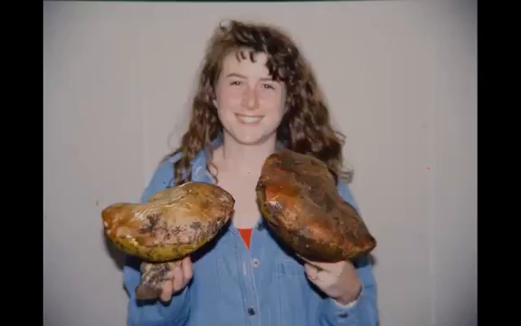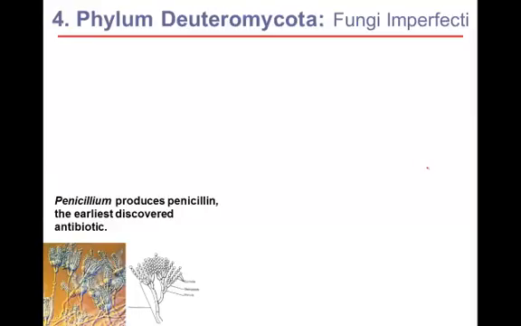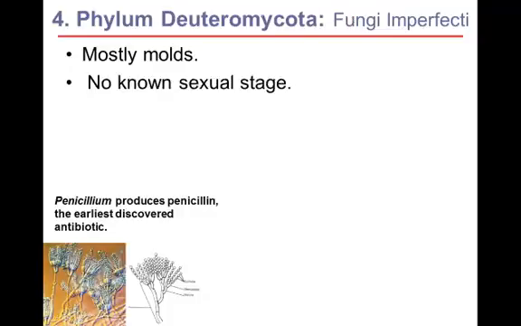Let's look at the fourth and final group of fungi. This is phylum Deuteromycota. The common name of these is the Latin term, the fungi imperfecti, which means the imperfect fungi. These are mostly molds, but they're grouped into this category, into this phylum, because they have no known sexual stage.